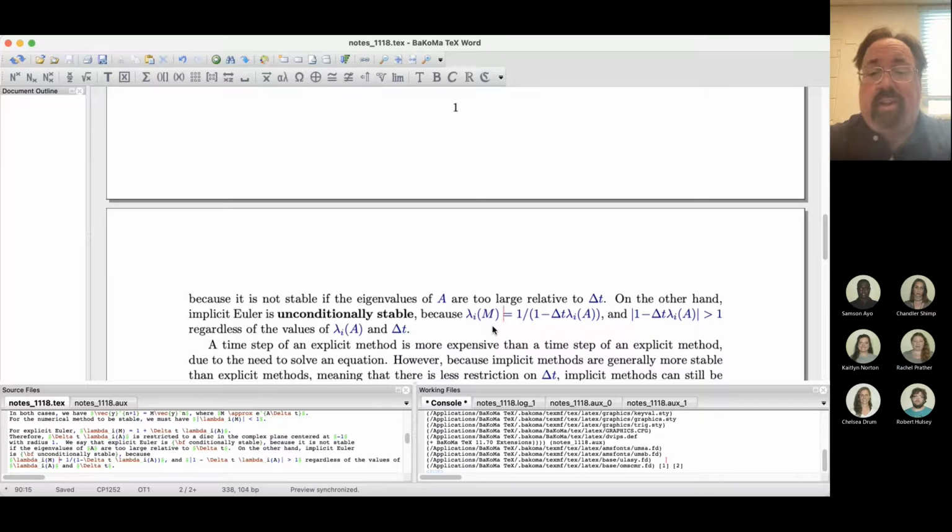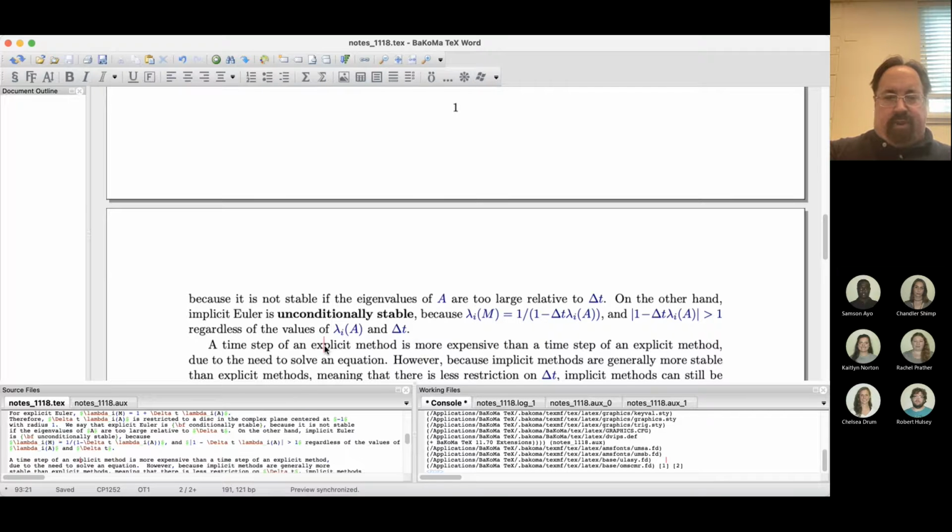So that's what we really want. There are unconditionally stable methods, but very few methods have that property. And when they do, it's implicit methods that have that. And implicit methods have their downsides, because they generally require more work per time step than explicit methods do. That's what I was just mentioning here, oh, whoops, that's wrong. Each time step of an implicit method is more expensive.